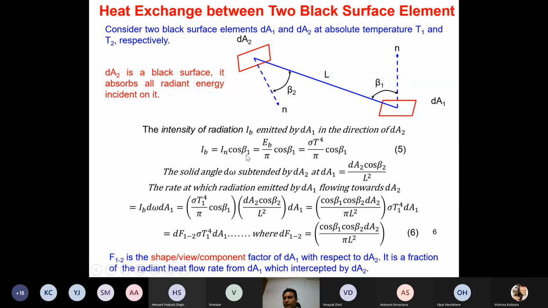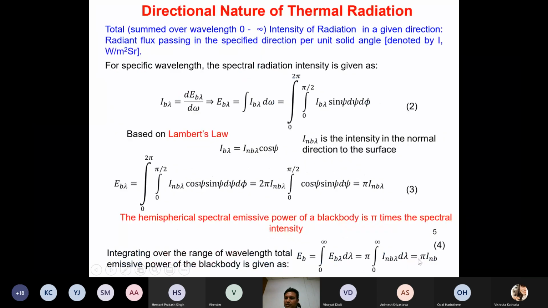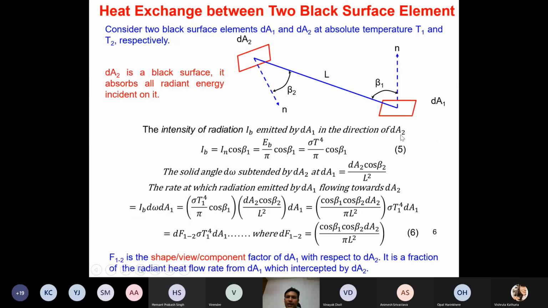Again, this I_N, which is the intensity in the normal direction for surface dA1, can be represented in the form of emissive power by pi. That is what we have proven in the last slide, isn't it? So E_B by pi is I_NB, isn't it? So we can replace this I_N by E_B by pi, and E_B, the emissive power of a black body, is given as sigma T raised to the power 4, divided by pi, cos beta 1. So this is equation number 5.